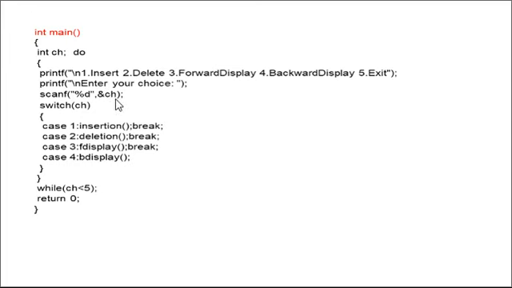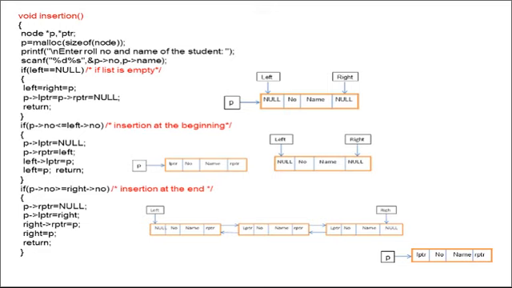Based on the choice, we will select any one of the operations: case 1 insertion, case 2 deletion, case 3 forward display, and case 4 backward display of the double linked list. Based on the choice you enter, the switch statement will select one of the choices and then execute the corresponding function. Now we will see all the operations one by one.